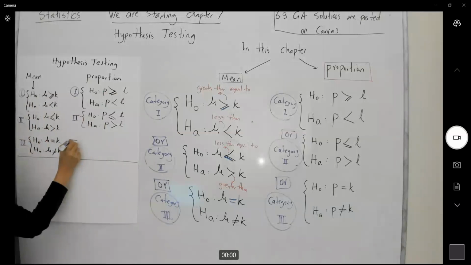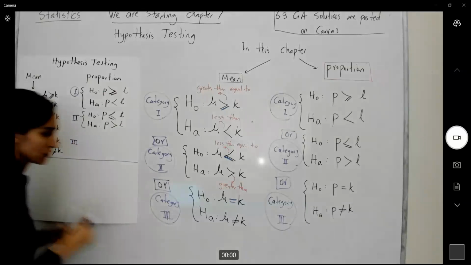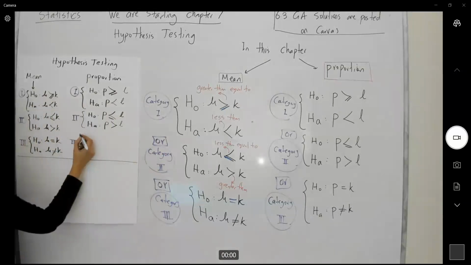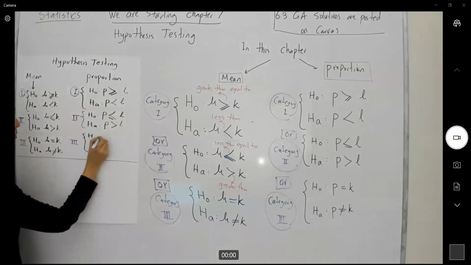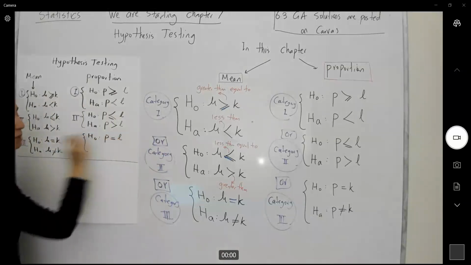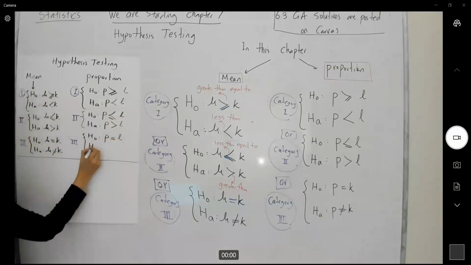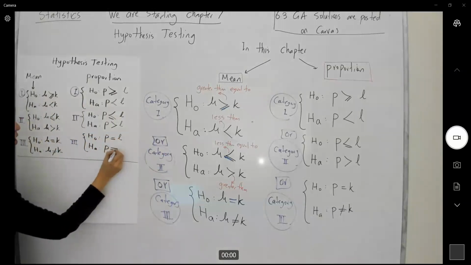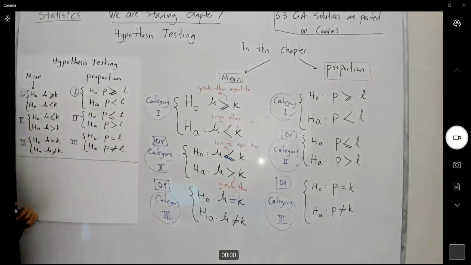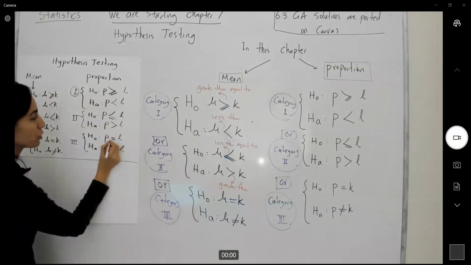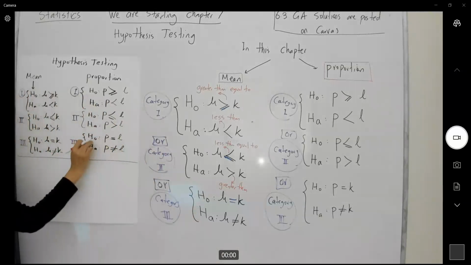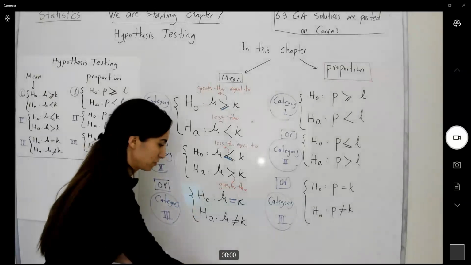And the third category says your p is equal to L, so null hypothesis: p is the same as L. Its opposite: p is not equal to L. Use a different color to make sure you know that equality belongs to the null hypothesis.